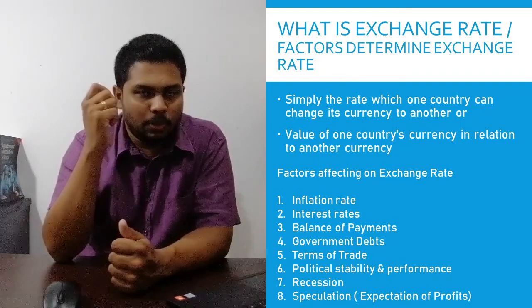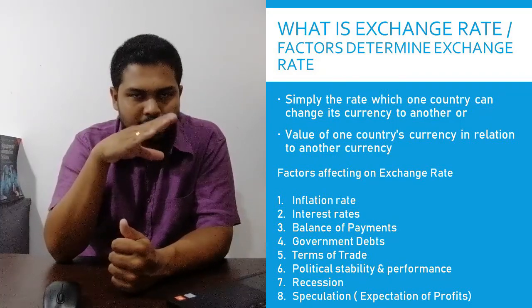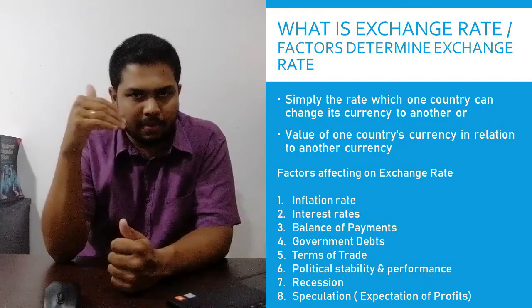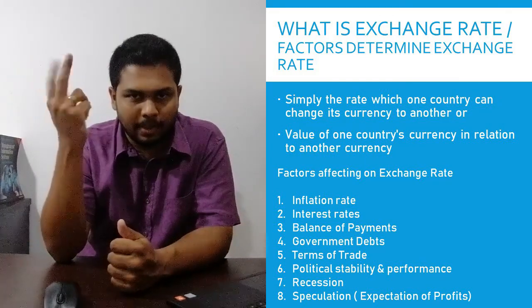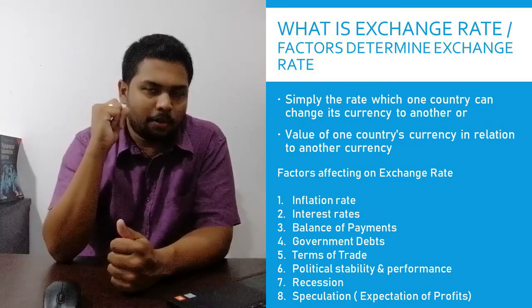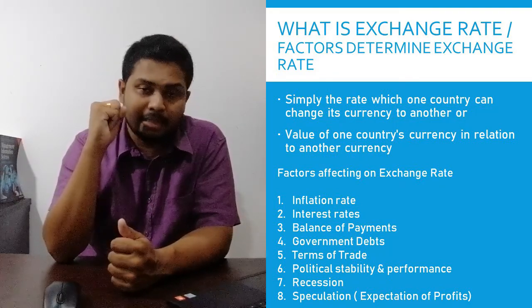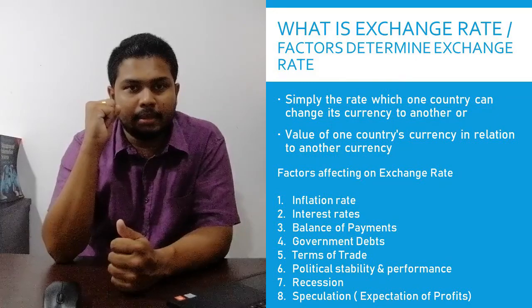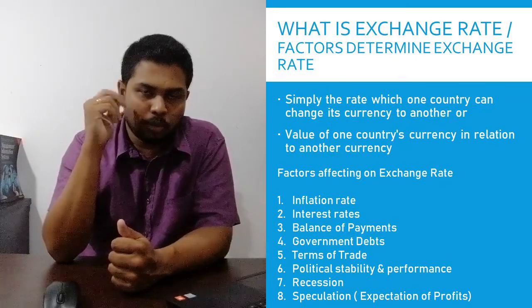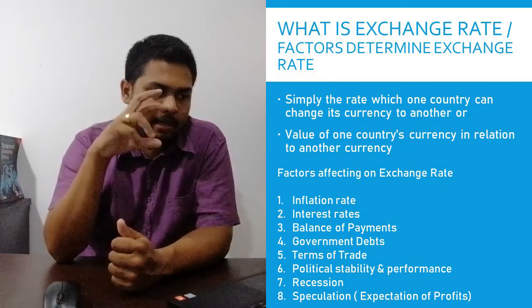And terms of trade, I told you about the comparison between the average number of commodities we have sent, or let's say the exports as well as the imports. So these things can also define the exchange rate. Political instability and statutory performances can also decide these things.